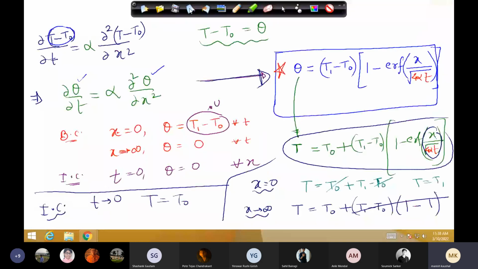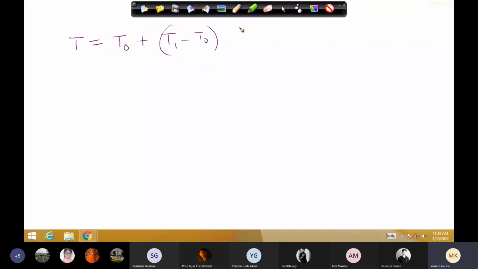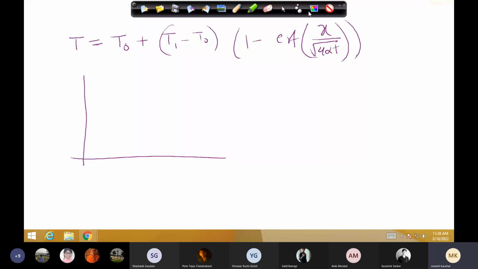So this is T naught plus T1 minus T naught times 1 minus ERF of x by root 4 alpha t. If you want to plot it, here you will have temperature, and here you will have x, and then you will plot it for different times.